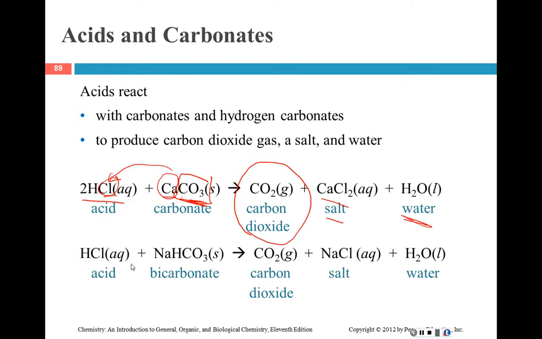In the case of sodium bicarbonate, because that's the bicarbonate, you're still going to produce carbon dioxide. You're going to produce your salt with your sodium and your chloride, and you're going to have water. Notice it's liquid water, so that just means that you do actually produce water, and it'll be salty, won't it?